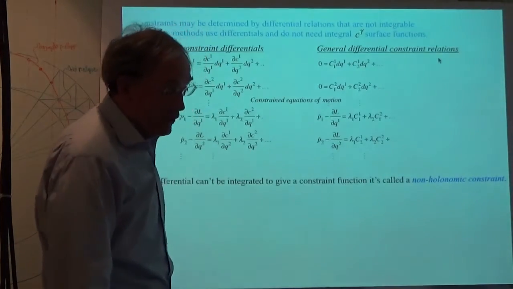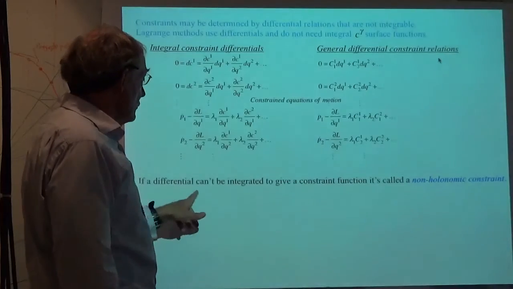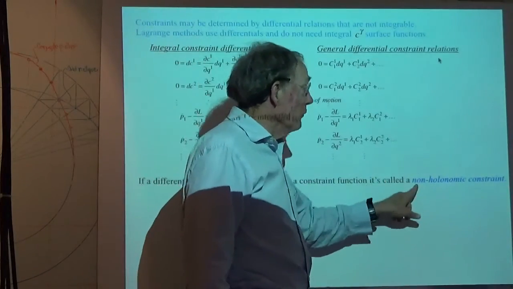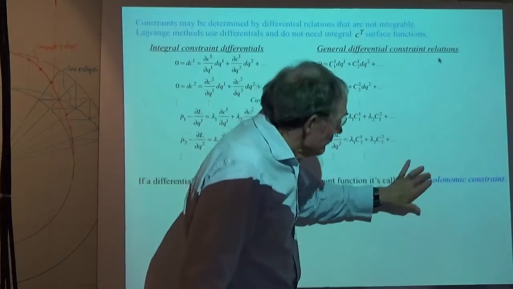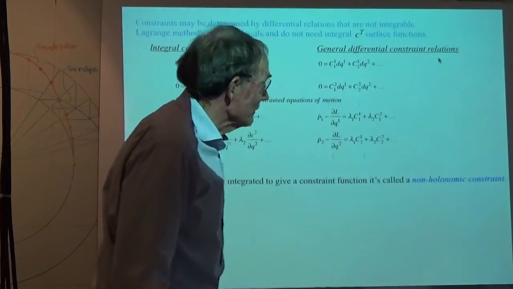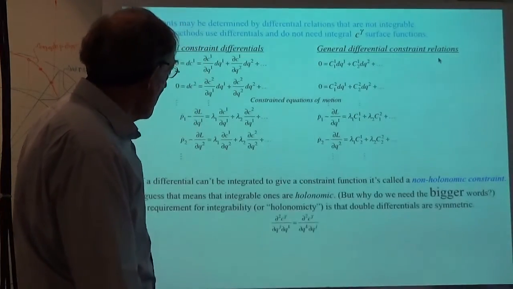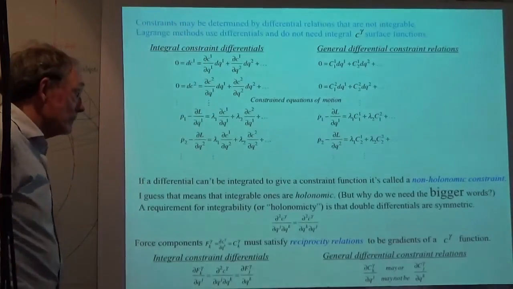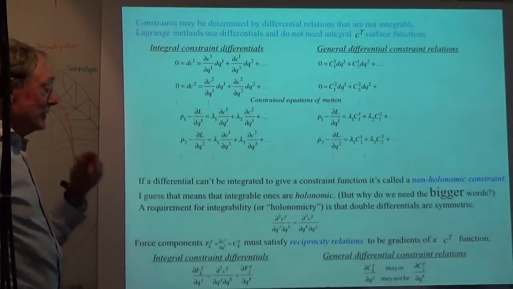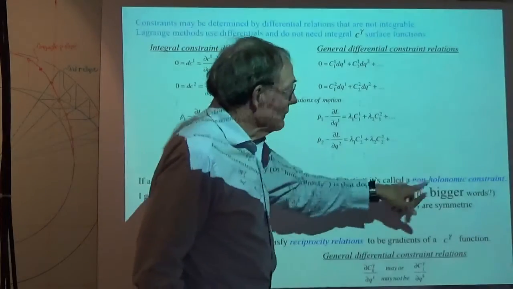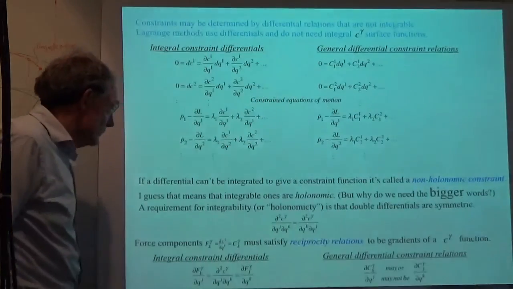So, if the differential can't be integrated to give a constraint function, it's then called non-holonomic. Now, I don't know what the etymology of that is, but you'll see it everywhere constraints are discussed. I'm just guessing that it means the integral ones are holonomic. And I have to ask, why do you need bigger words than just being integrable?